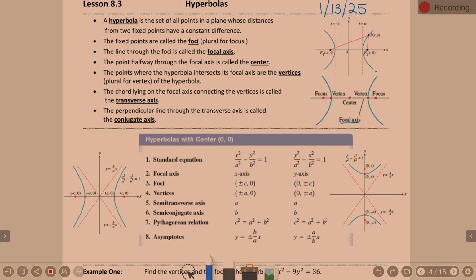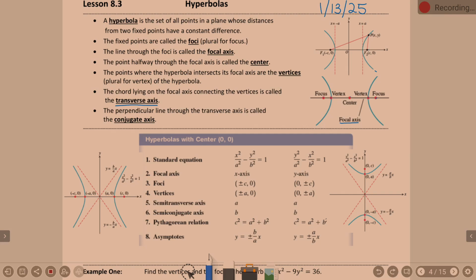A little bit of new vocabulary. The chord on the focal axis connecting the vertices is called the transverse axis. Think in terms of the major axis we had with the ellipse.